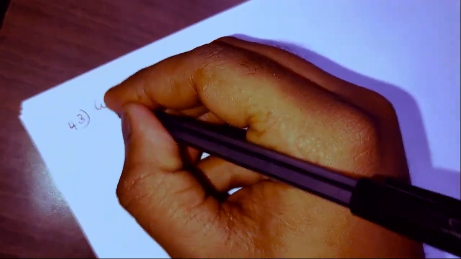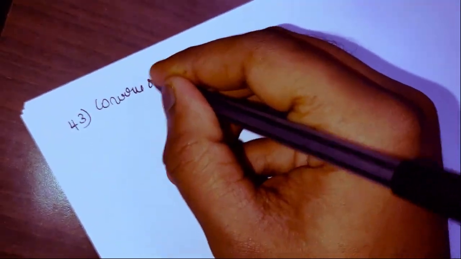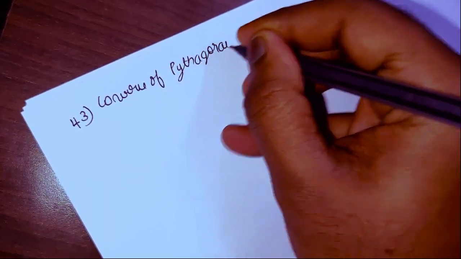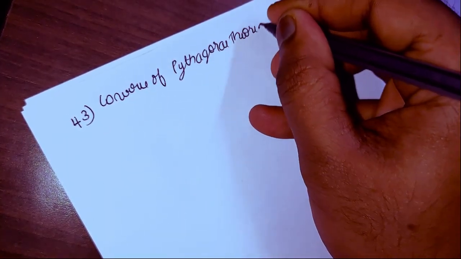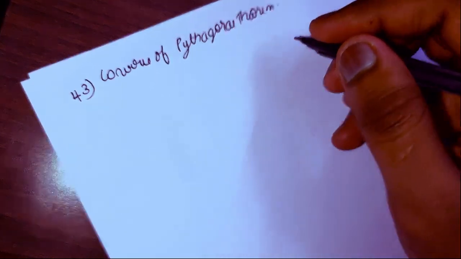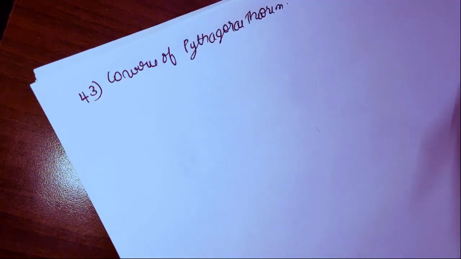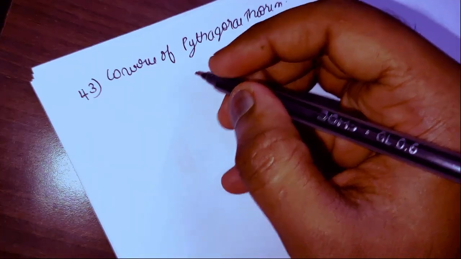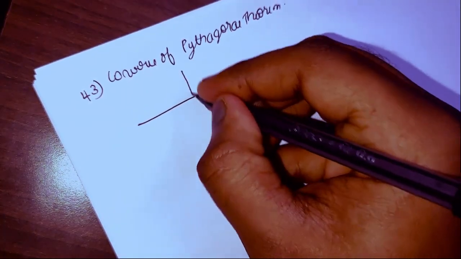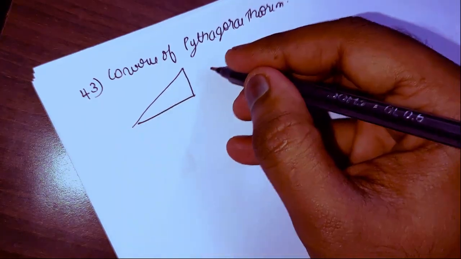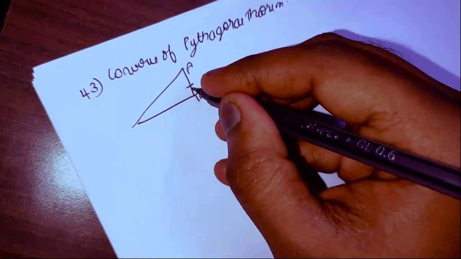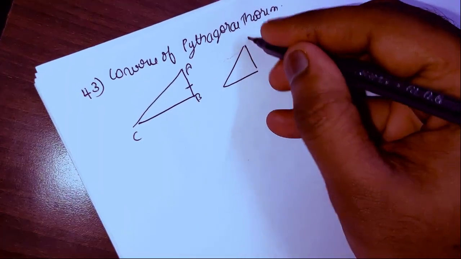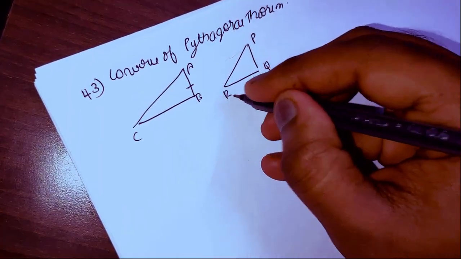43rd question. Here you have to prove the converse of Pythagoras theorem. I'll write the statement. It is already there in 1 mark questions. We'll continue with the proof. We'll draw two triangles, ABC and right angle triangle PQR.